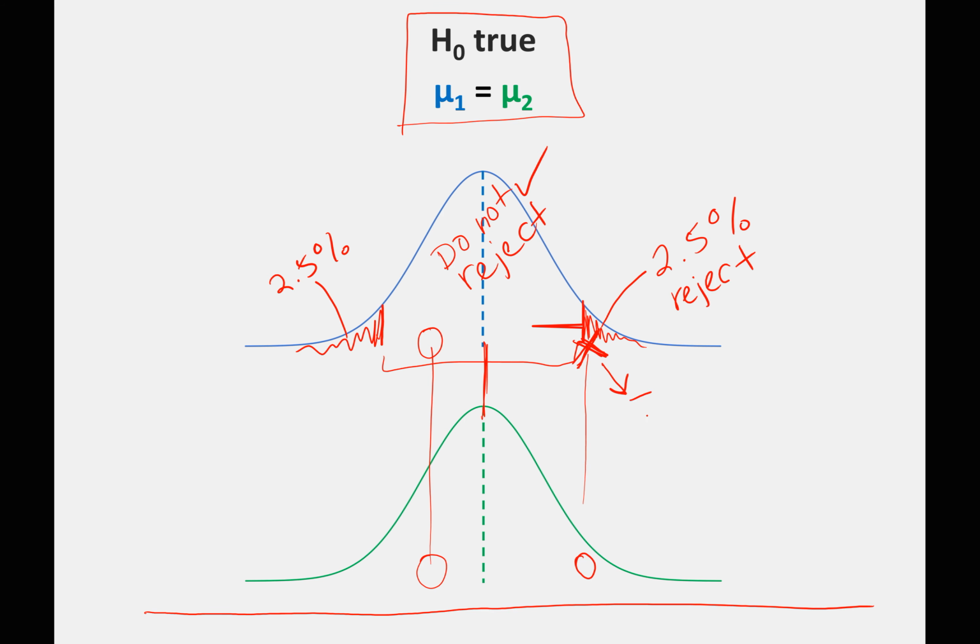This is our mistake. It's a type 1 error. Because we're saying these two populations are different based on our findings, but in actuality, they are the same. So if we get something out here in this case, that would be a mistake if the null hypothesis is actually true.